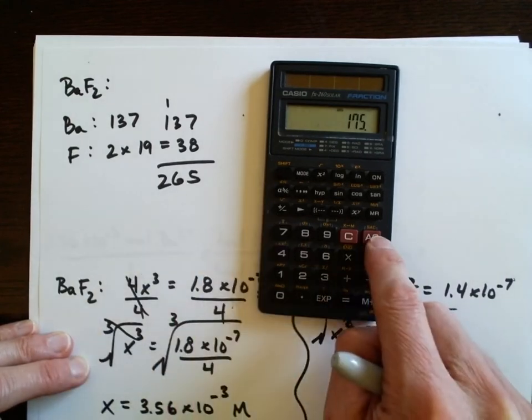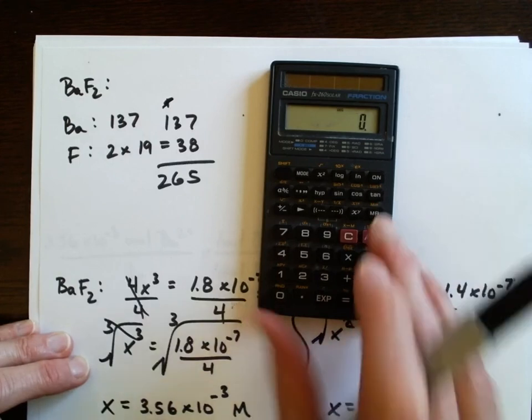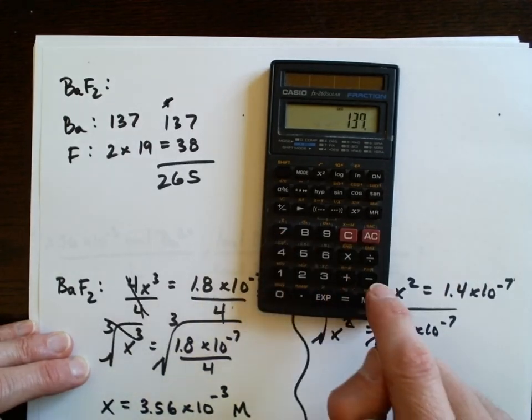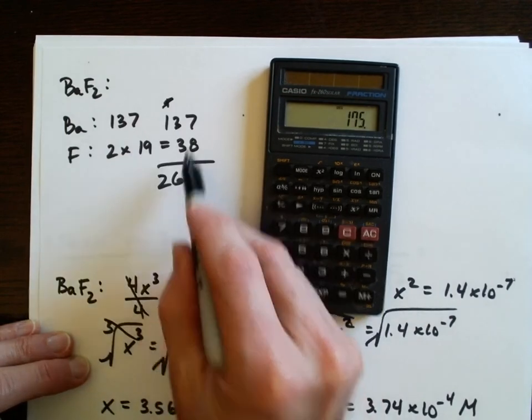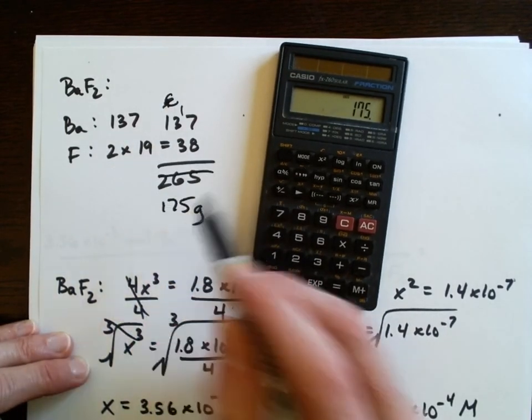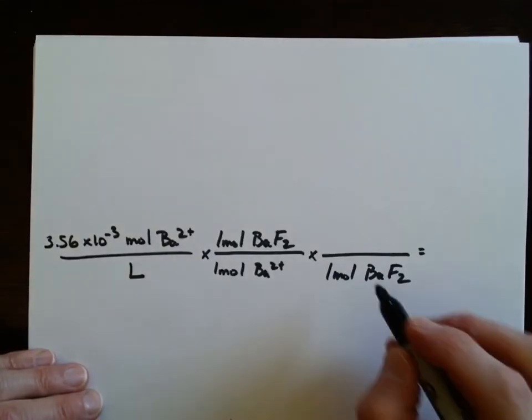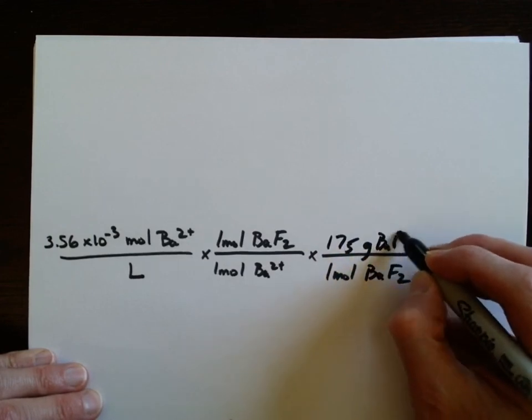Oh, I screwed up. Man, did I screw up. Why'd I carry a 1 there? Let's check that one more time. 137 plus 38. I carried the 1 to the wrong spot. Okay, so that's 175 grams per mole. Good thing I checked. So 1 mole of barium fluoride, that's 175 grams of barium fluoride.